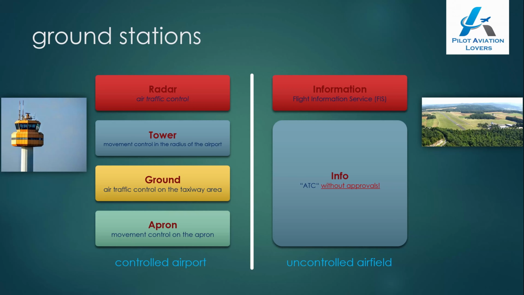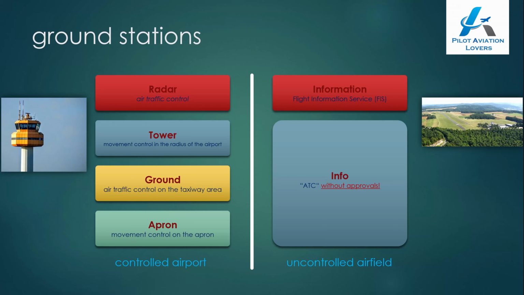Above is the ground, with the air traffic control on the taxiway area. The most well-known and also the most important for you is the tower with the movement control in the radius of the airport. For flying according to visual flight rules, short VFR, the radar is actually not so important, so I will not explain this further.